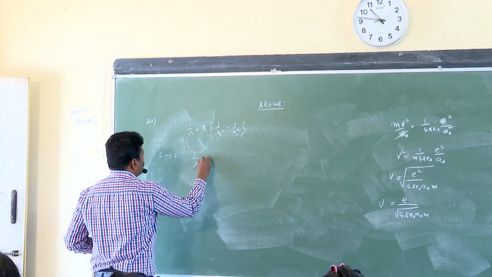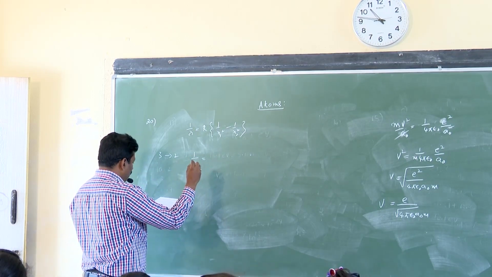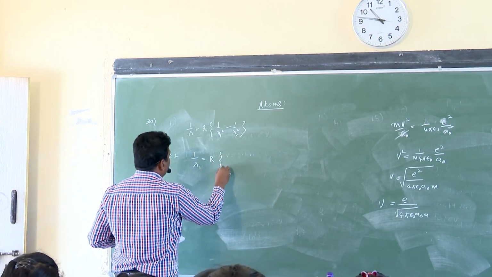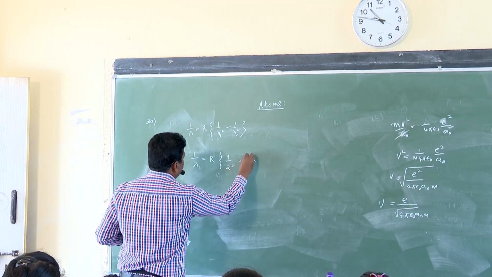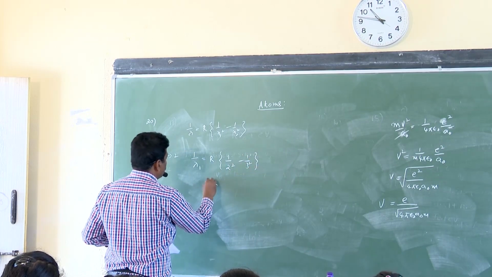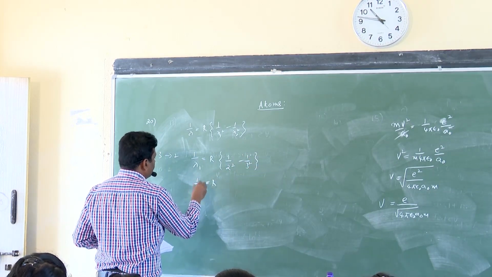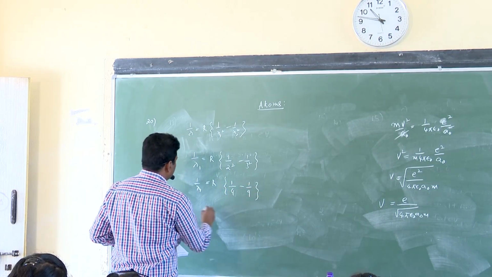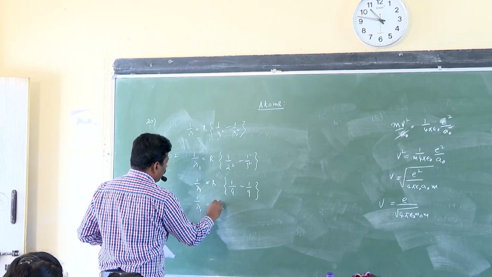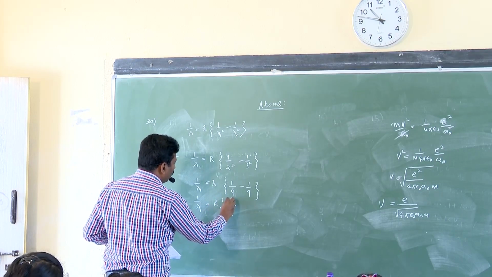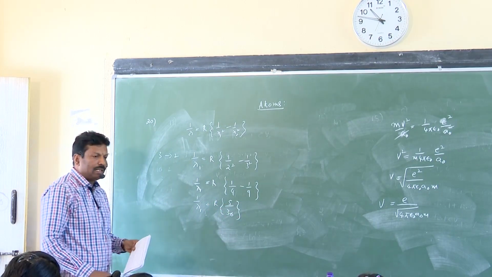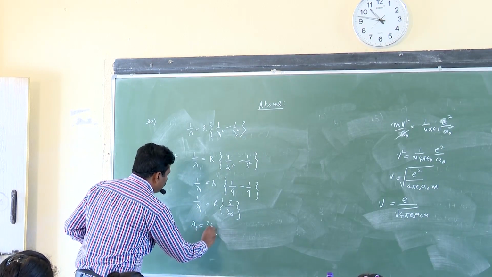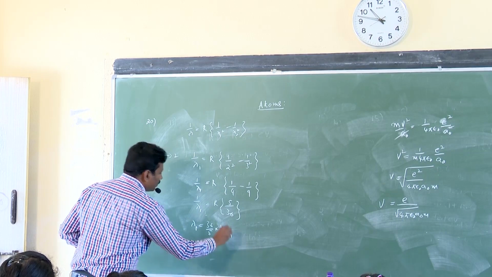So 1 by lambda 1 is R into 1 by 4 minus 1 by 9, which is R into 5 by 36. This we have solved. Therefore lambda 1 is 36 by 5 into 1 by R.